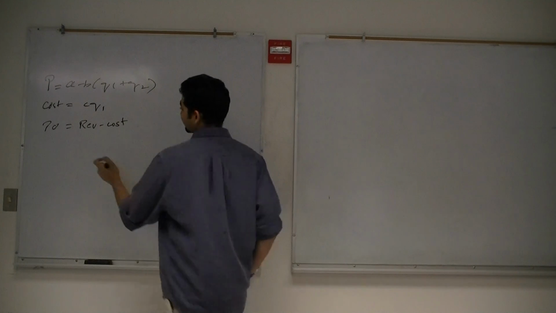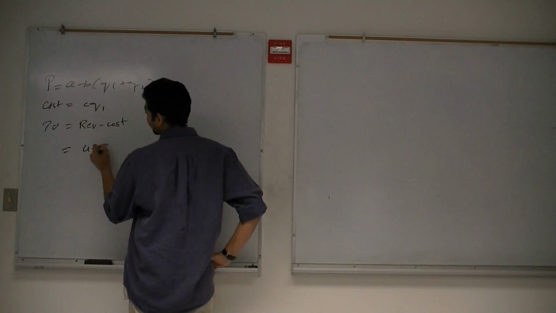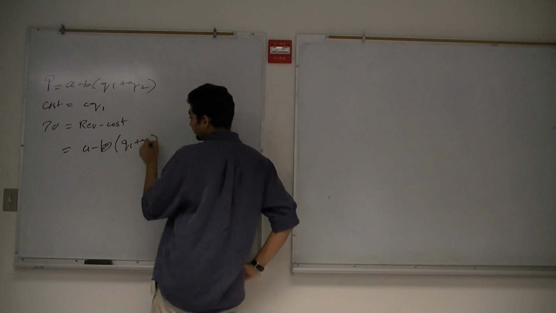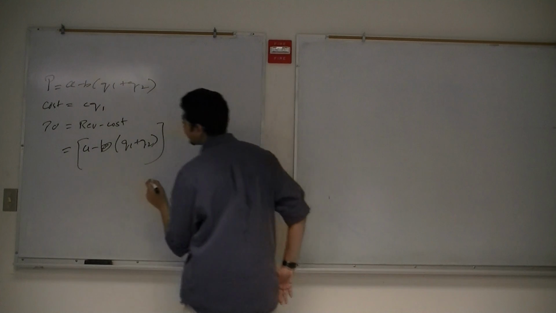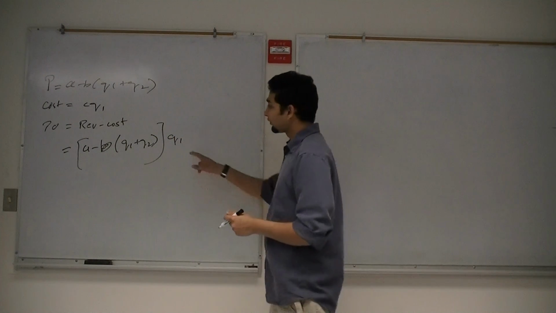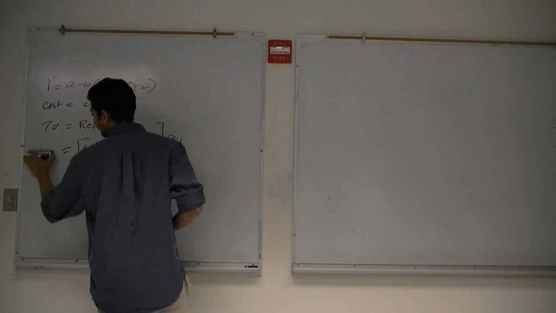The revenue is the price of each item, A minus B(Q1 plus Q2), times the quantity produced by firm one, Q1.